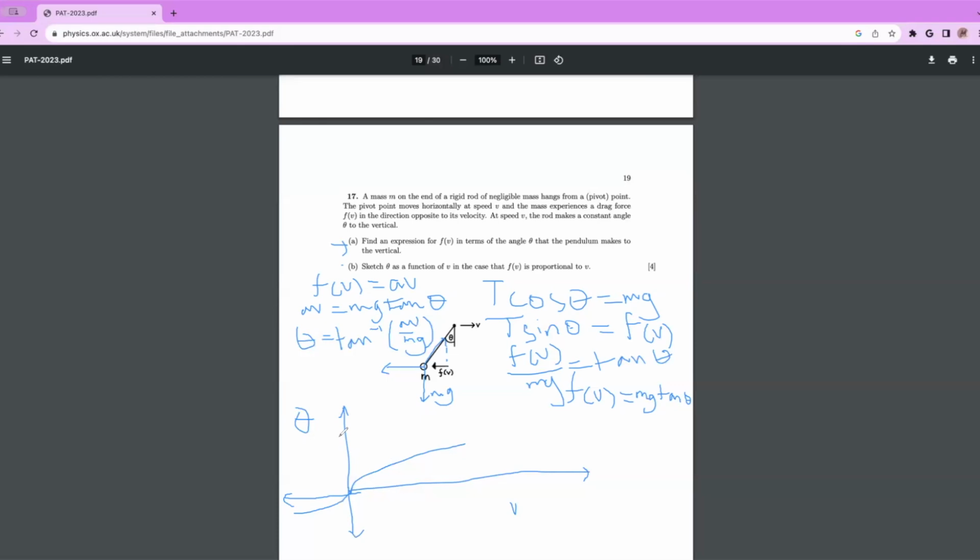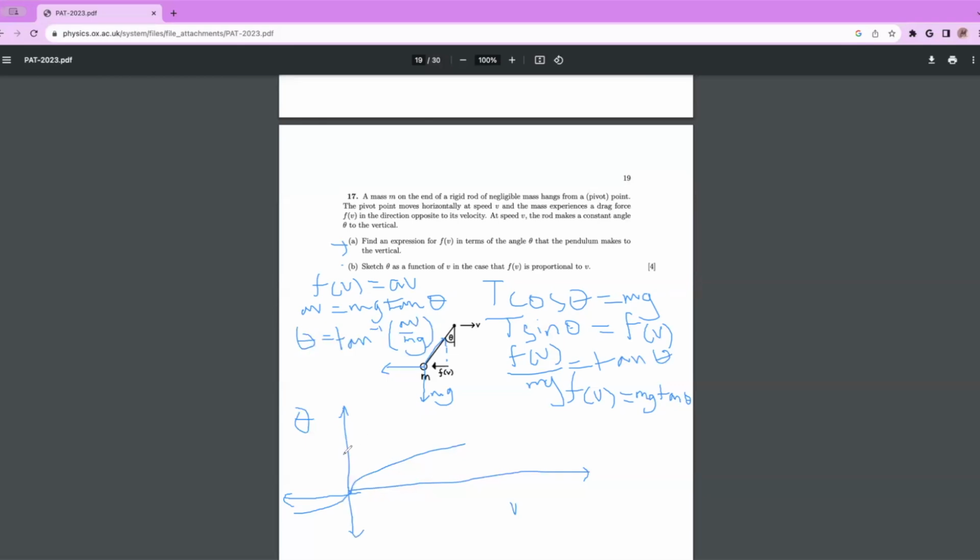No, that's not right. The limit as v goes to infinity will be, actually it doesn't matter because there's nothing actually modifying it, is there?